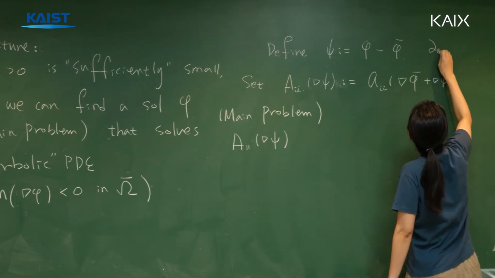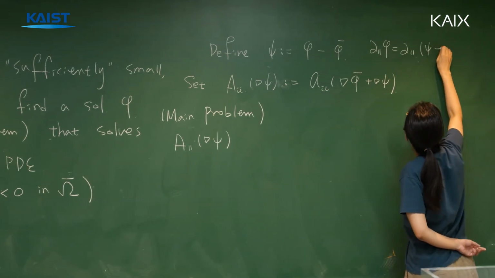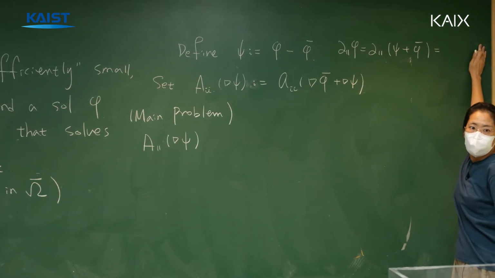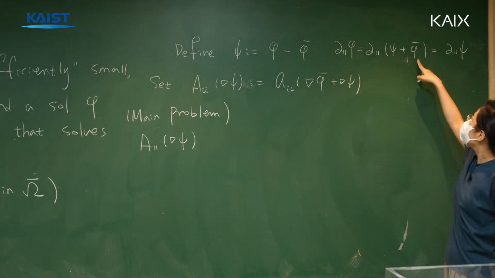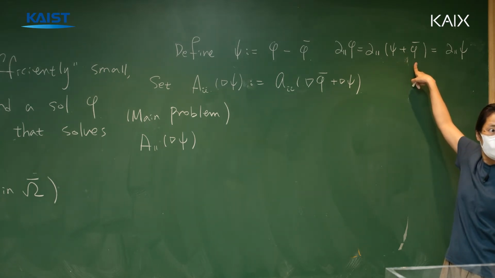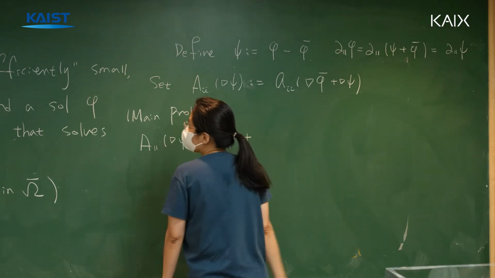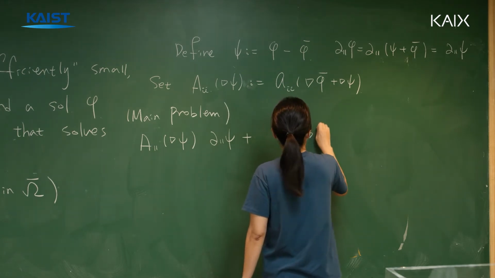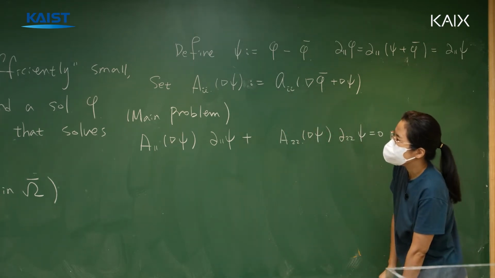D11 phi is, by definition, D11 of psi plus phi bar, which is equal to just D11 psi, because phi bar is a linear function. If you differentiate twice, that disappears. So you have A11 D11 psi plus A22 of grad psi D22 psi equal to 0 in omega.